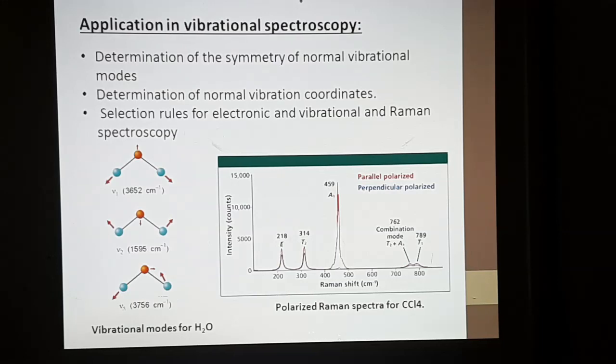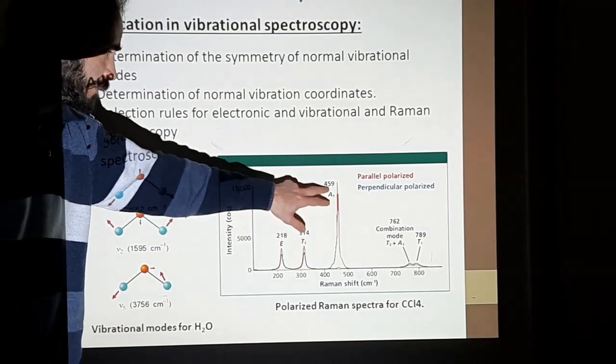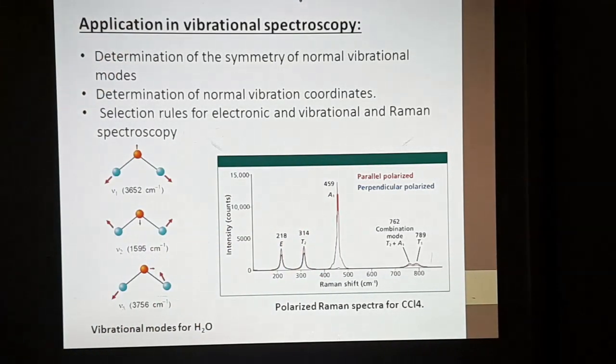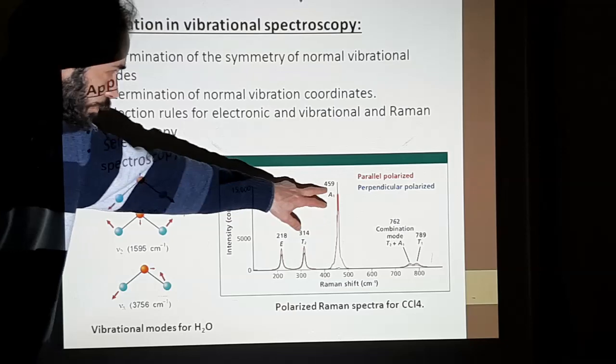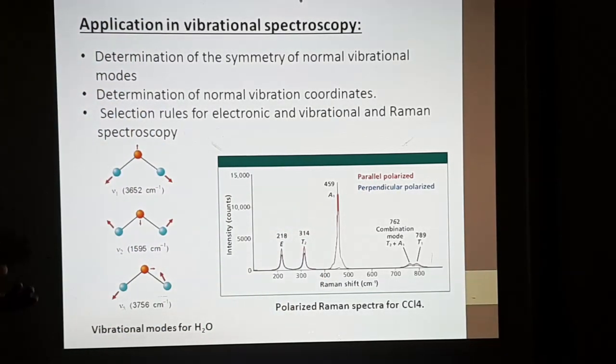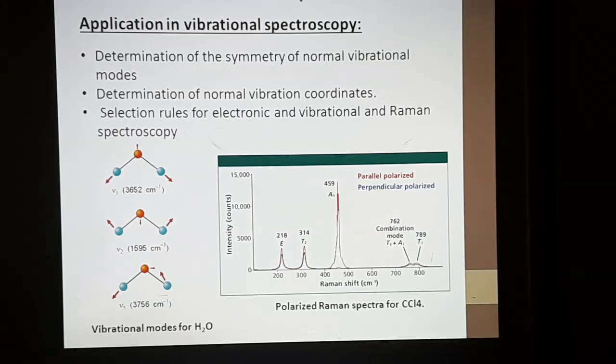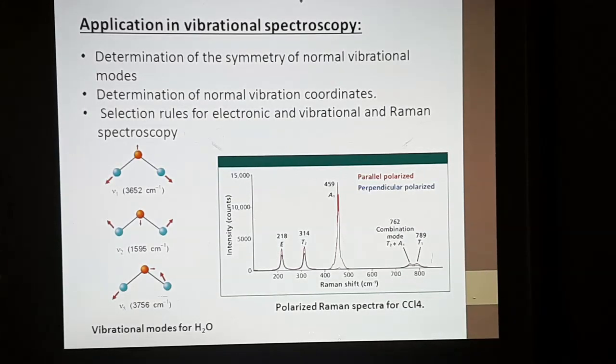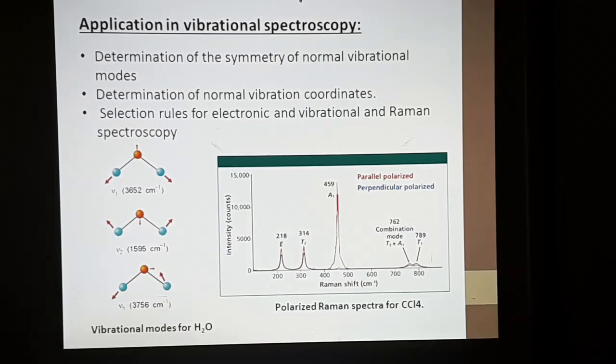For example, this line here is strongly polarized. It depends strongly on the polarization, and this can be explained by group theory. Also, the electric properties, the polarizability tensor, etc., and which elements are non-zero, can be expressed by group theory.